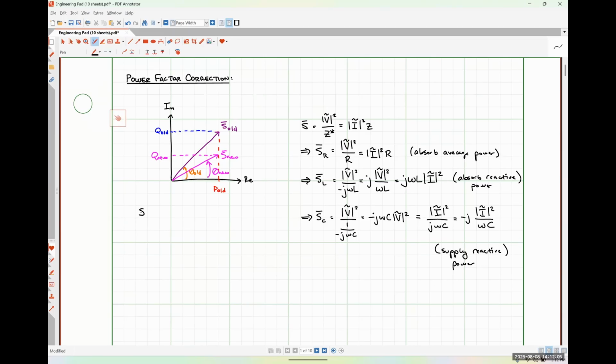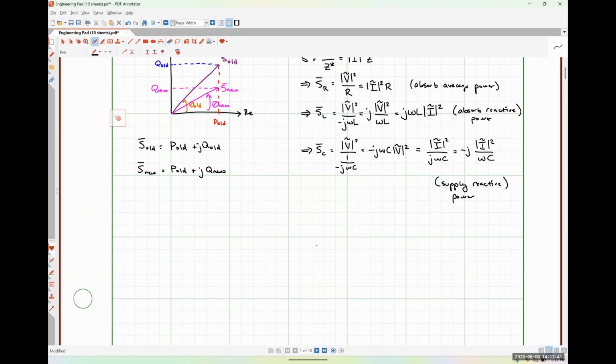We could say that, let's say, S old is equal to P old plus jQ old, and S new is equal to P old plus jQ new. Okay.